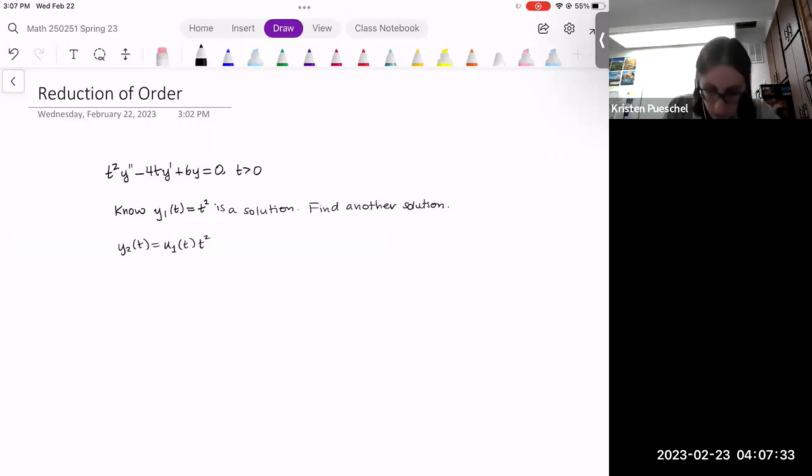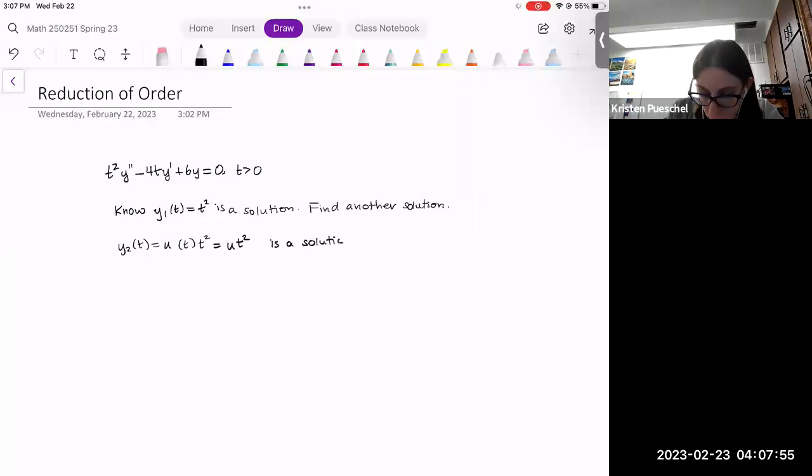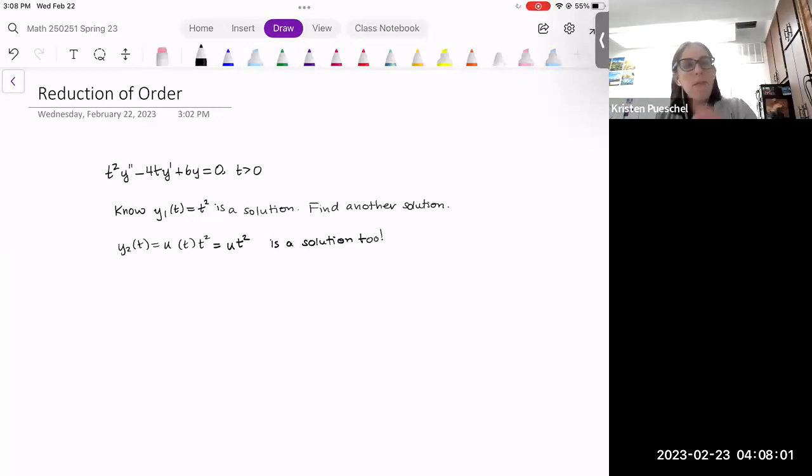I'm writing u of t times t squared, but often I'm just going to write u times t squared, and we're going to assume that u is some function of t. So this is also a solution, and we're going to take derivatives and put it back into our differential equation.